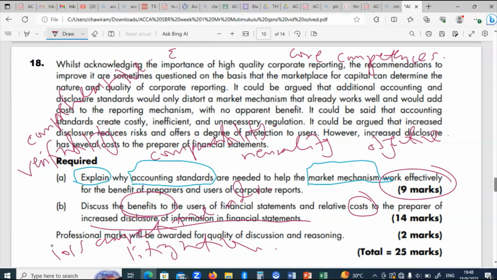You need to know the IASB exposure drafts. You need to read around them. You need to know what is happening, what is coming up, what is the current work of the IASB, because questions like this will be testing you on current issues. Those current issues are going to come in the exam, so you need to read around that area.